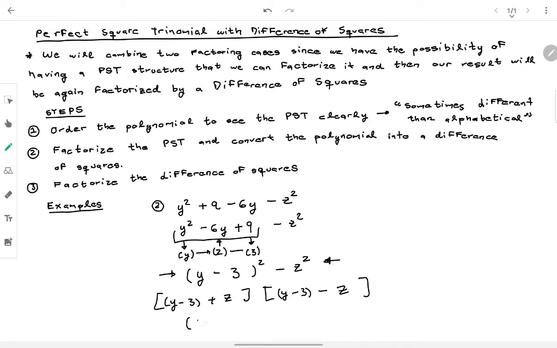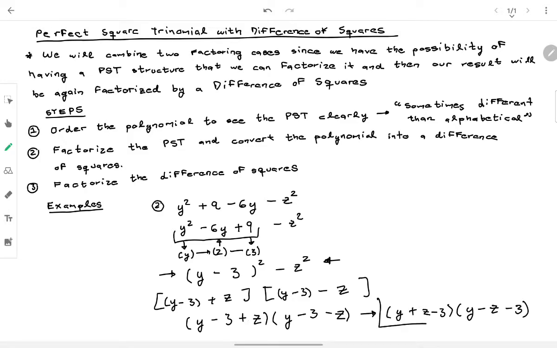So our answer is going to be y minus 3 plus c, and in the other parenthesis, y minus 3 minus c. If we order it correctly, it's going to be y plus c minus 3, multiplied by y minus c minus 3. And that's going to be our final answer.